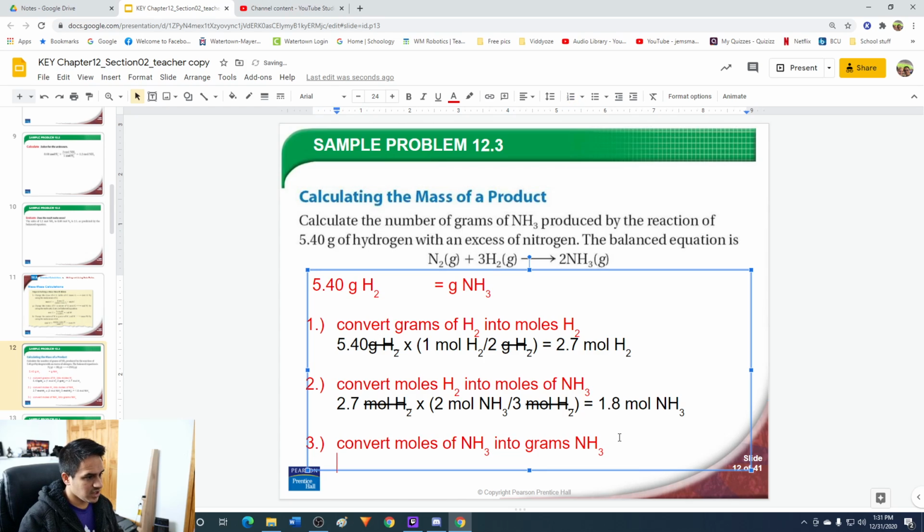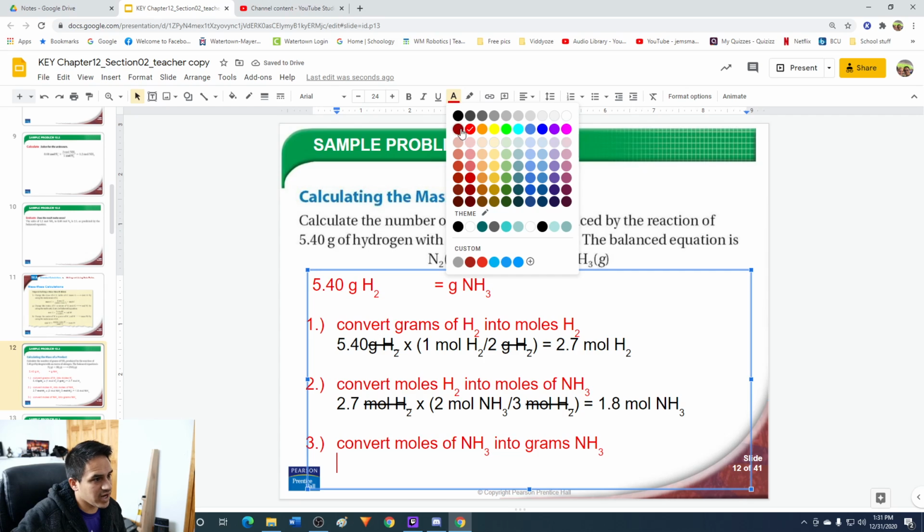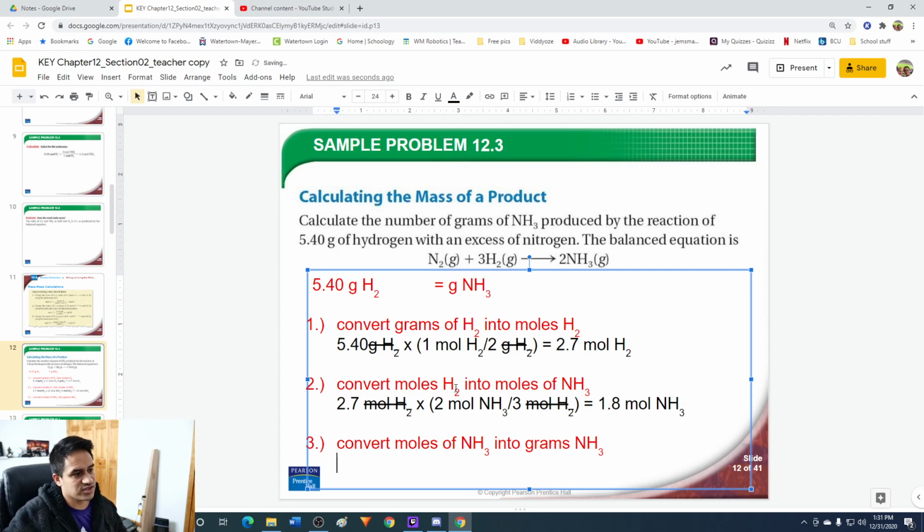Okay, now the last step is we are going to convert those moles of NH3 into grams of NH3, because they do want us to find the number of grams, not moles. So basically we're doing step 1, but we're just going backwards. So 1.8 moles of NH3. In order to convert this into grams of NH3, we need to know the molar mass of NH3.